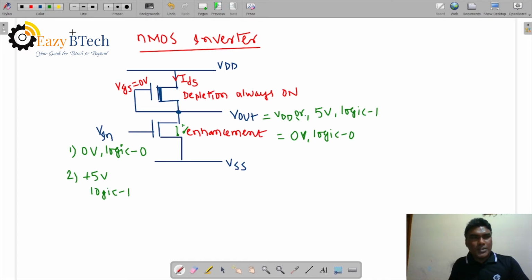Let us see the conditions here. We can write the first condition. Let's see the symbol, the gate representation. When Vin is equal to 0 volts, what happens?